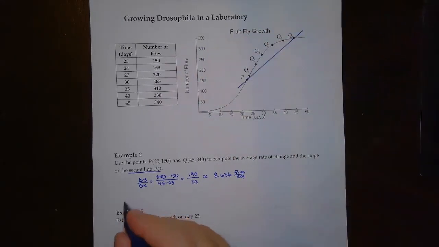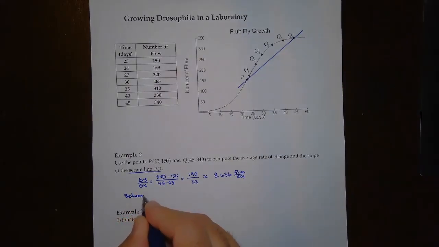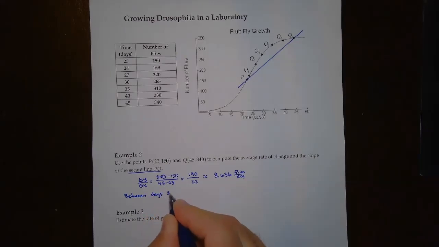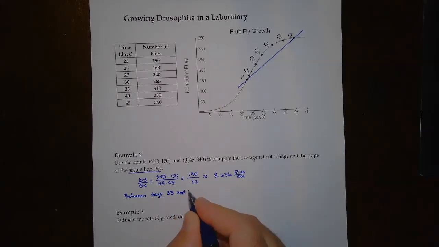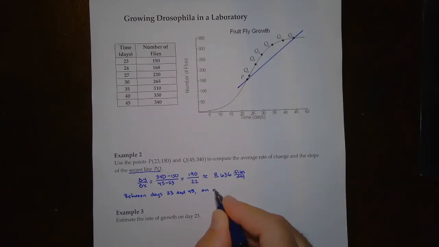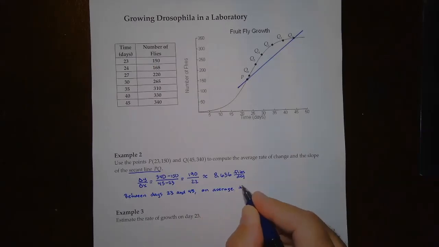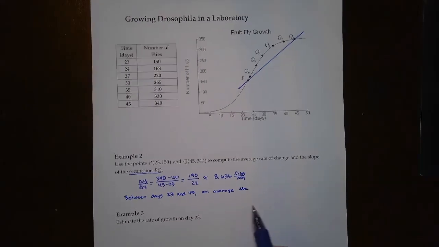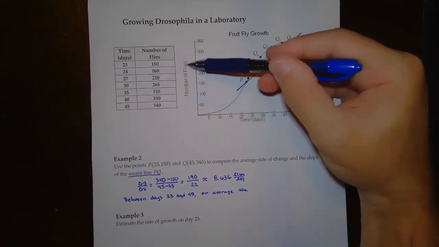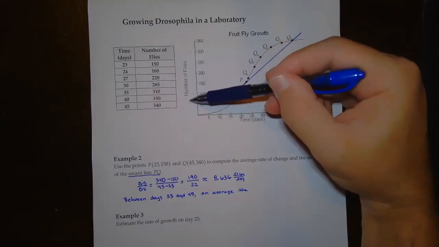So we would write this up, and we would say something like this: between days 23 and 45, on average, so the slope is describing the output here. It's describing how this is changing.